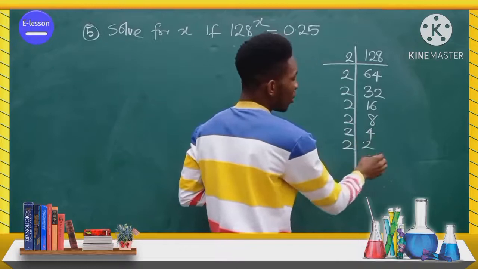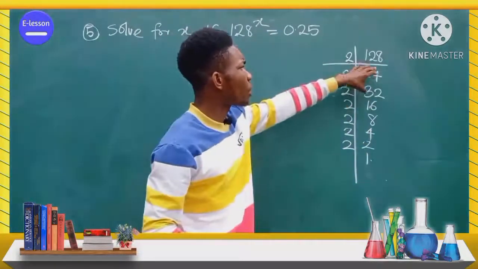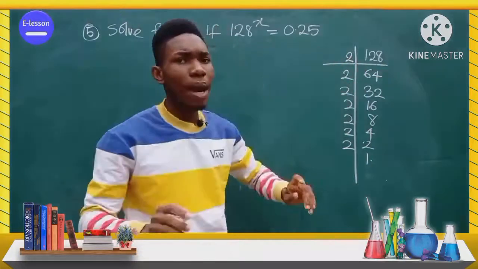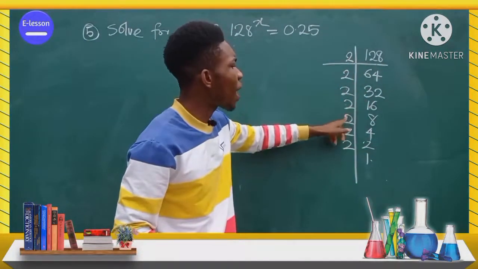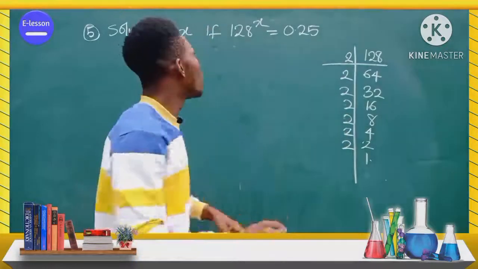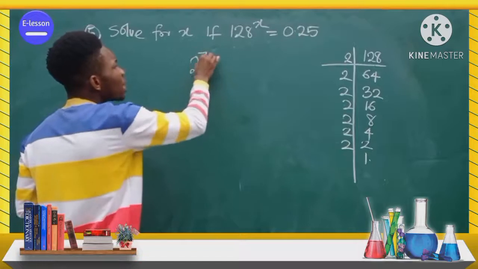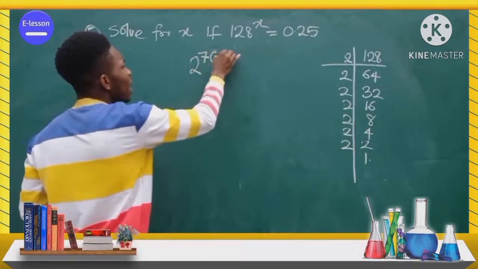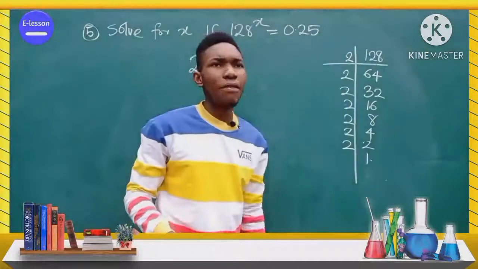And 2 divided by 2 is 1. So the index of 128 is 2 raised to the power of, then count how many 2's are here: 1, 2, 3, 4, 5, 6, and 7. So 128 is 2 raised to the power of 7, and (2^7)^s is equal to 0.25.